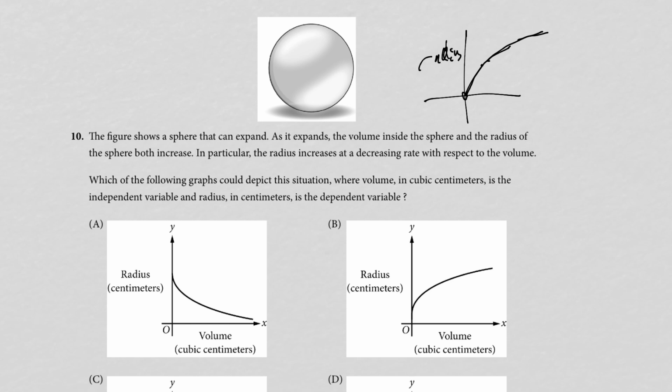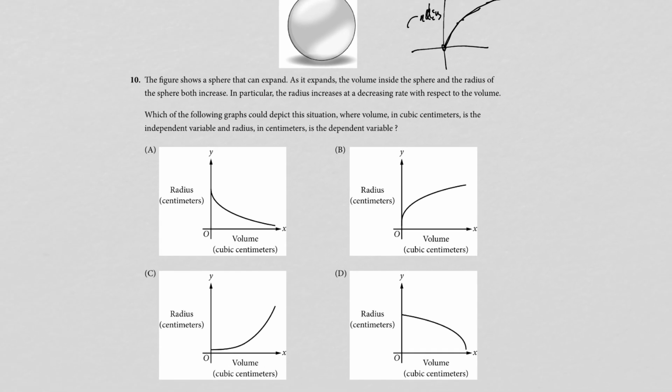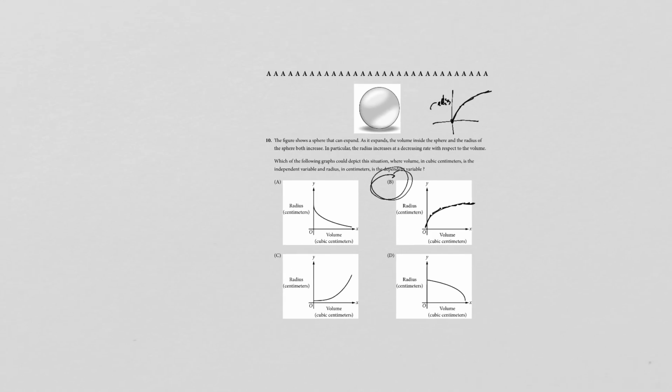The volume increases. Yeah, I think it's this one. I think they're basically asking about concave down. The radius is increasing by a lot at first. It goes from 0 to gets bigger, but then the more air you put in, the thing's already kind of large, so more air doesn't increase the radius by very much.